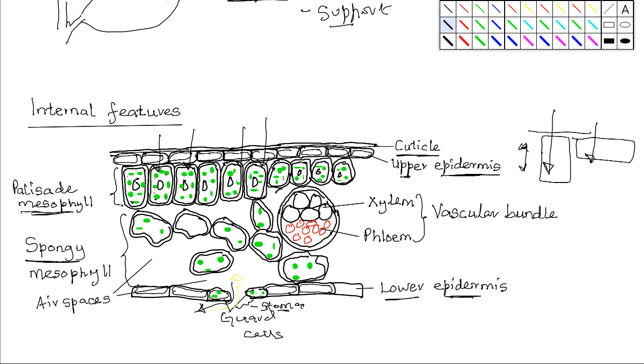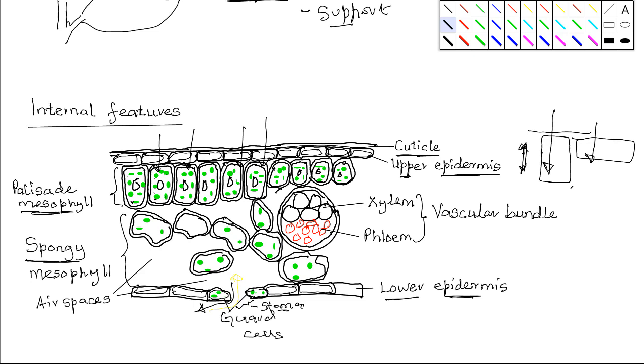But with this arrangement, whereby the long axis is perpendicular to the surface, this ensures maximum light absorption. Another adaptive feature of the palisade mesophyll is that the cells are tightly packed so as to trap most of the incoming light.